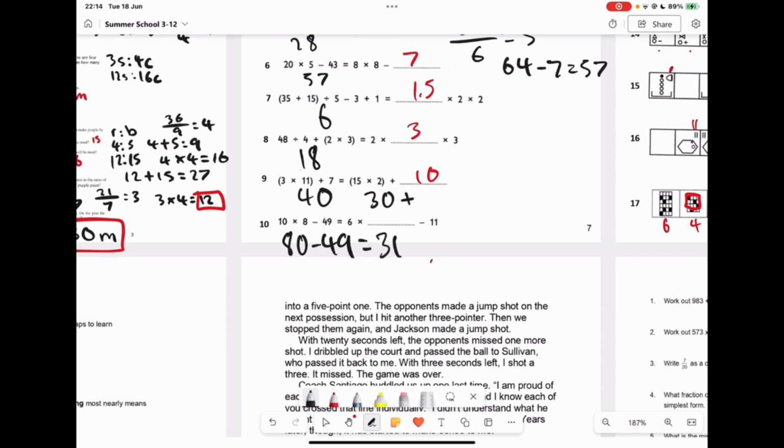So then we do 6 times something, minus 11. So 31 plus 11 is equal to 42. And then 6 times something equals 42. So 42 divided by 6, we know that's 7. 6 times 7 is 42. So the answer will be 7.